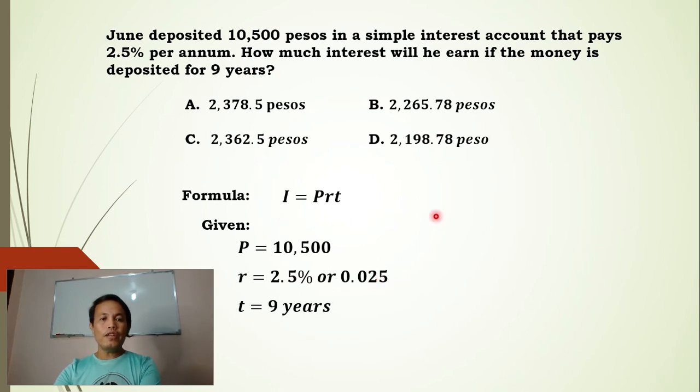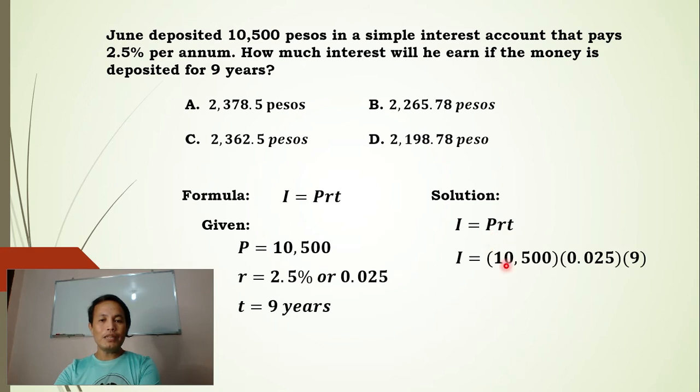So to solve now for the simple interest, of course, we use the formula I equals PRT. This means we just simply multiply the principal times the rate times the time. We substitute the values to the formula, so our principal is 10,500 pesos times the rate, which is 0.025, and our time is 9 years. We just multiply everything.